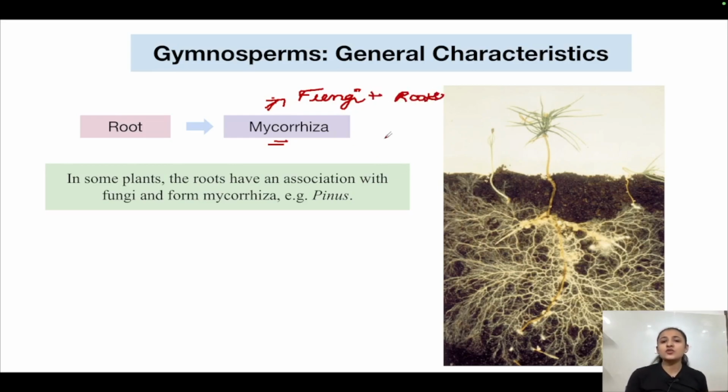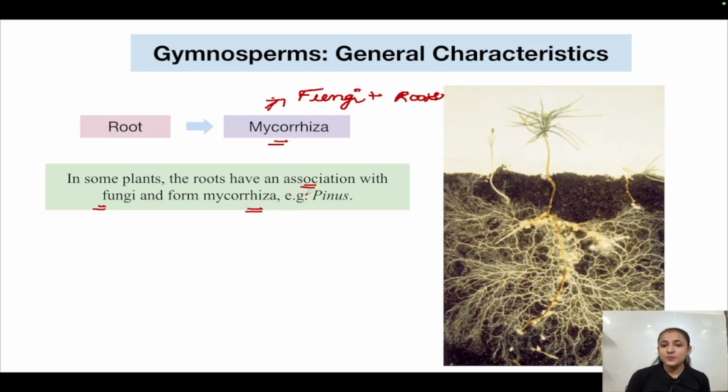We are talking about gymnosperms, that is why I have mentioned the roots of gymnosperm plants. But in general, mycorrhizae are associations of fungi with the roots of any plant they are present in association with. So in this statement also it is written that in some plants the roots have an association with fungi and they form mycorrhiza.